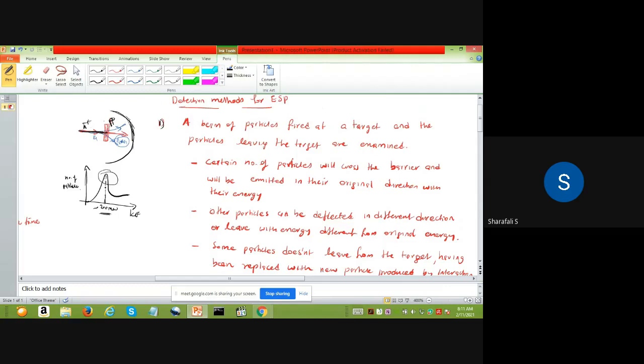So at this particular energy level, we have more pions interacting with these protons, and in other cases we have fewer pions.